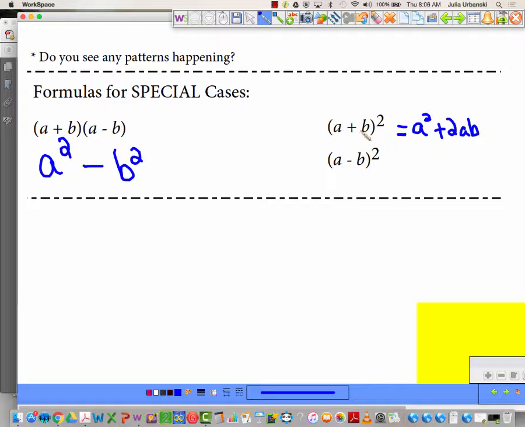You multiply the 2 parts together, a times b, and then you double it. And you keep the sign. And then the last term would be take your second number and square it. B squared. Now this is just a general formula. There's no A's and B's in your problem usually. But the A just stands for whatever term is first, and the B stands for whatever term is second.